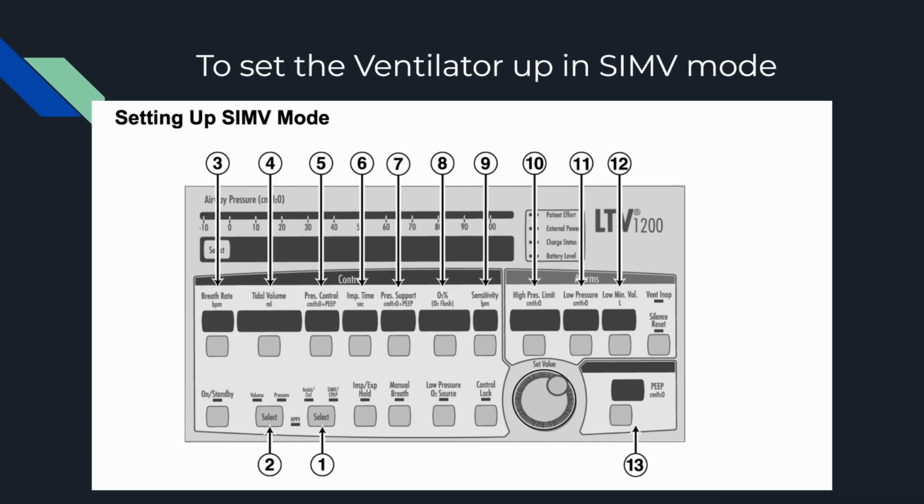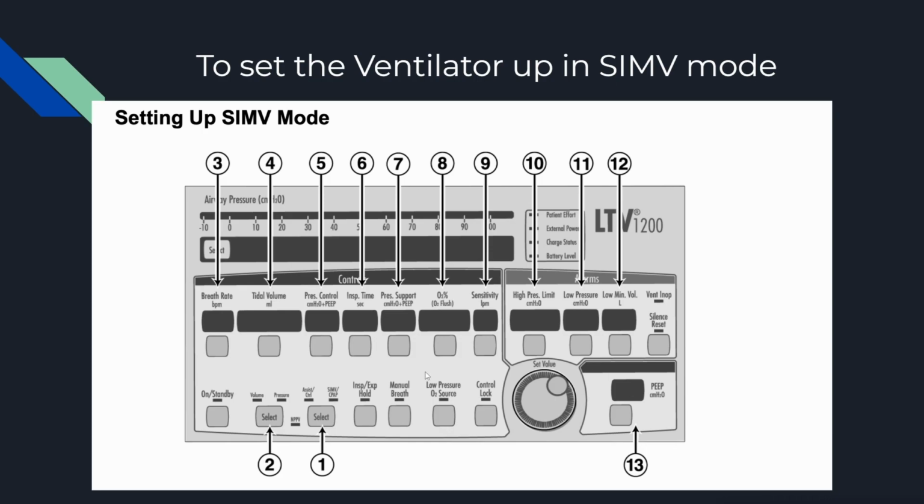But if they then become apneic for 30 or 60 seconds, it will still breathe 12 times a minute for them so they do not become hypoxic. So this is the mode that I like the most. It tends to make it to where the patients don't fight the vent quite as much.